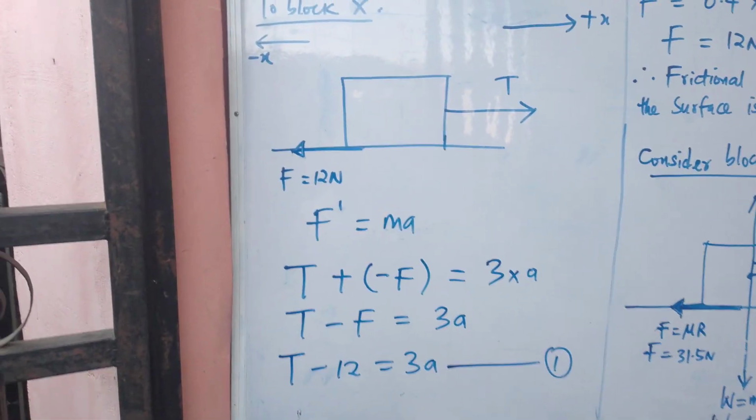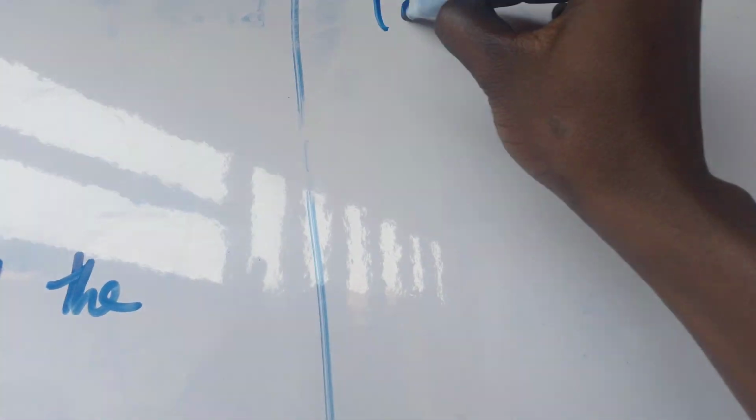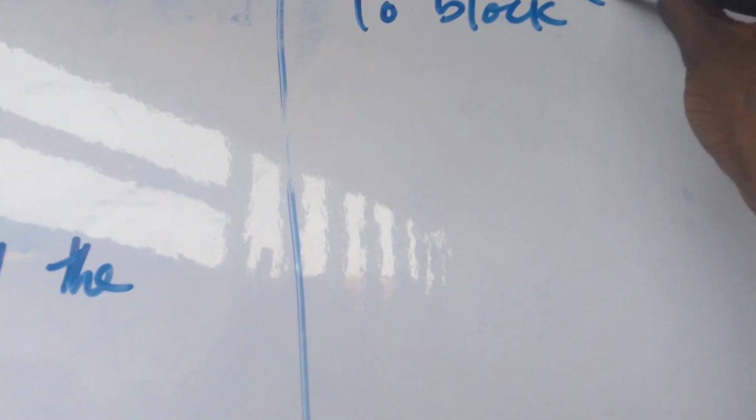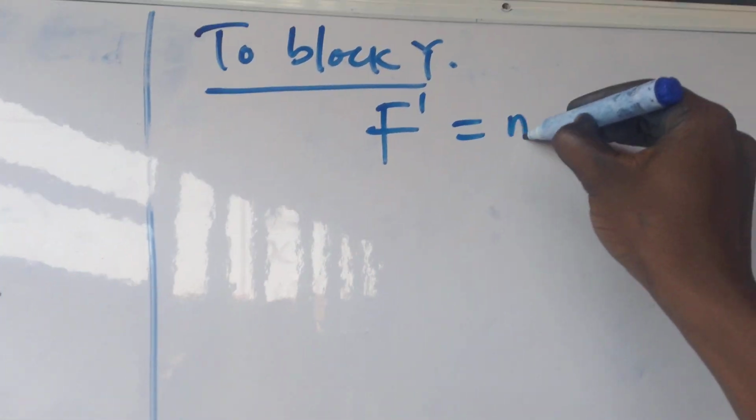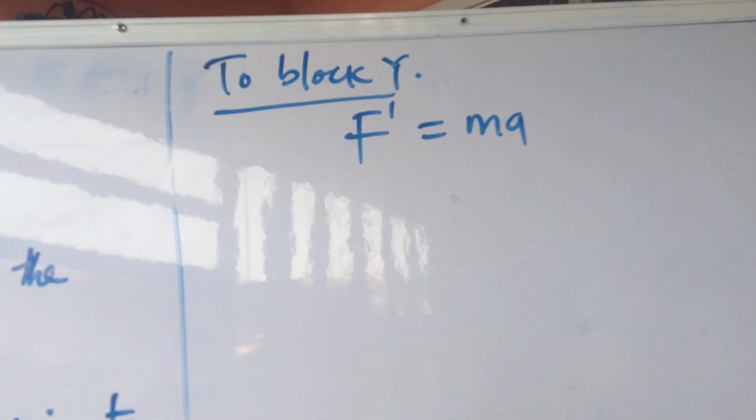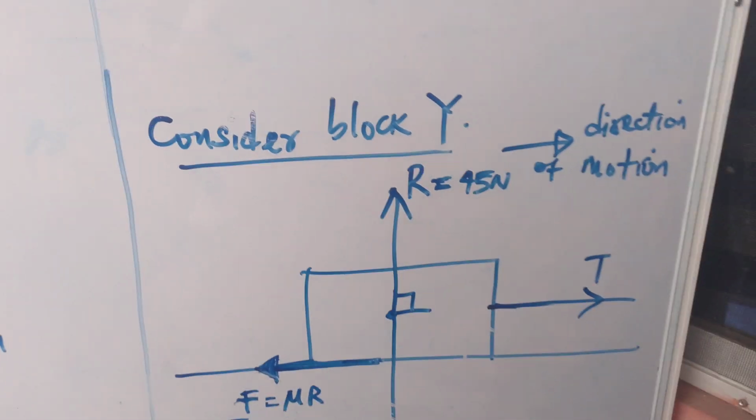So this is for block X. Then I move over to block Y and apply Newton's second law of motion, F prime equals to ma. This F prime shows you the summation of forces. So we come back here.